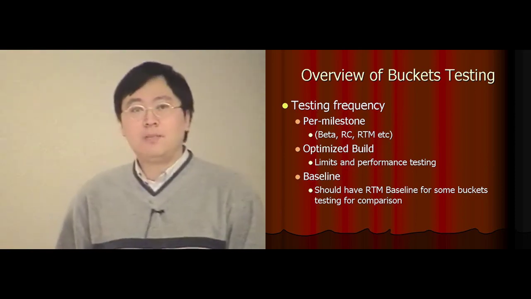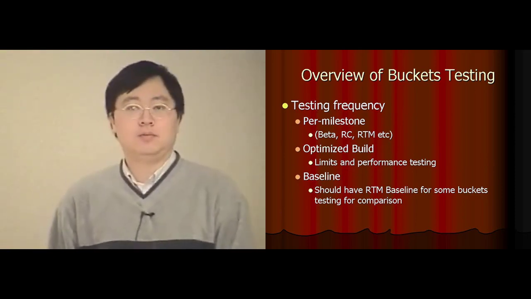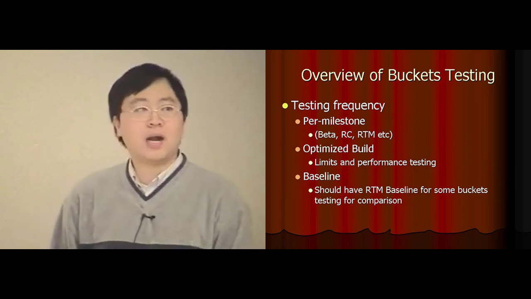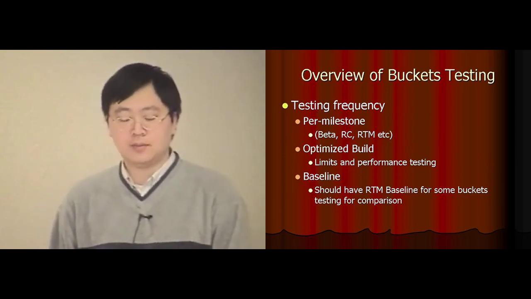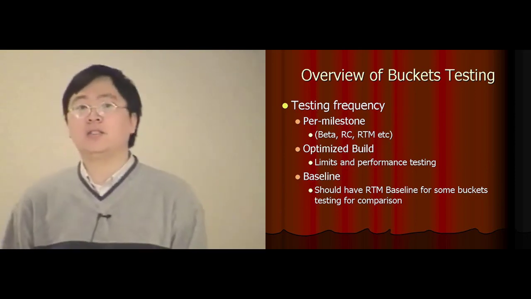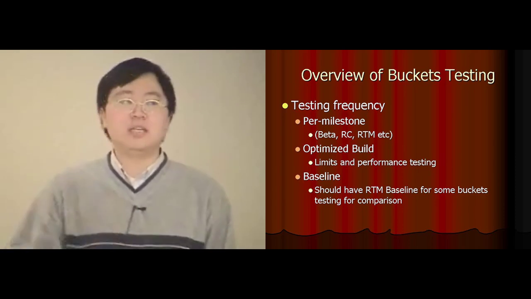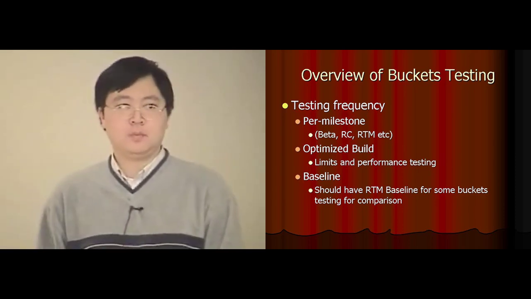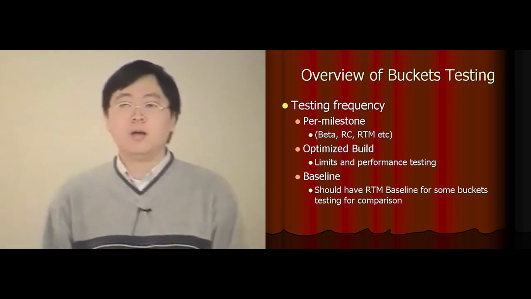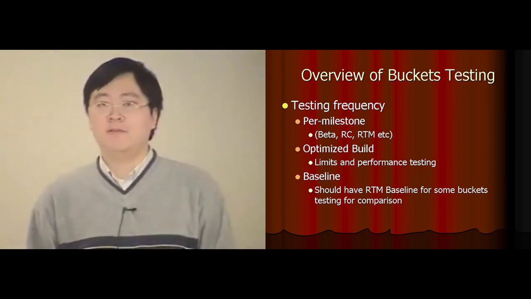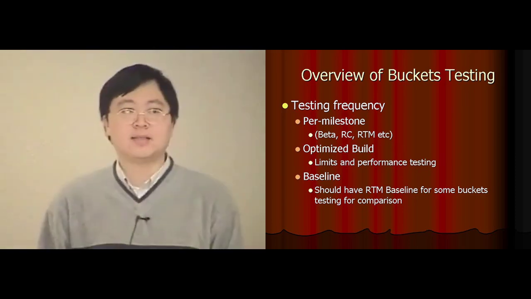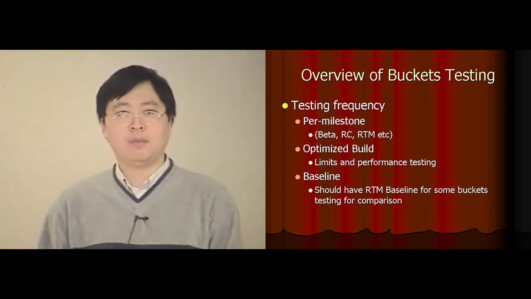What is the general difference between bucket testing and regression testing? Bucket testing does not happen every day on a daily basis. It happens per milestone. For example, when you go back, you test on the beta version, or RC, or RTM.